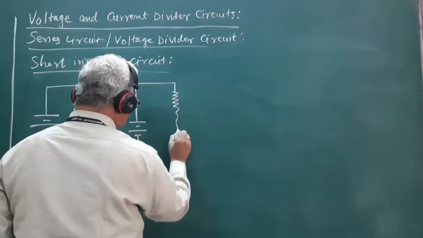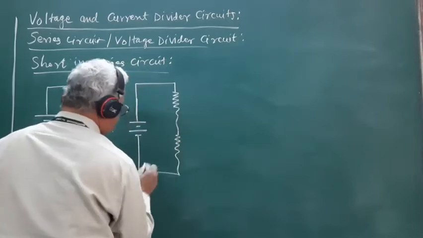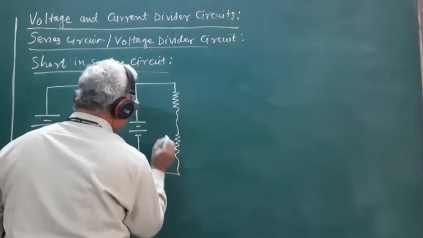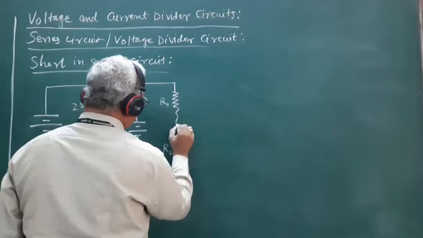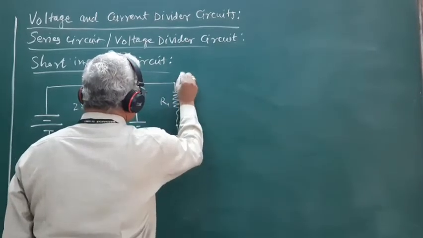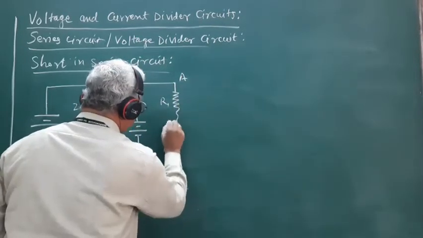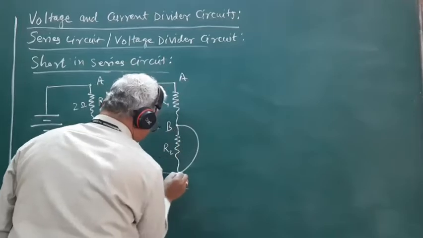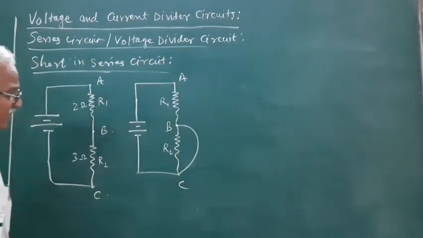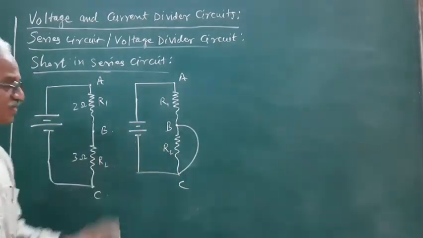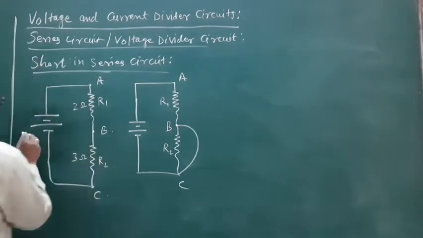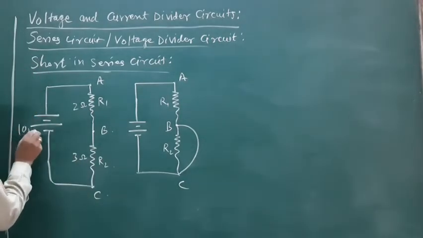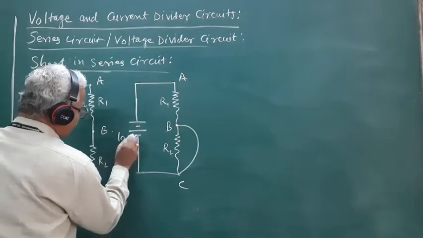So this is R1, this is R2, and a short is put between the points B and C, that is across the resistance R2. This is again say 10 volt.